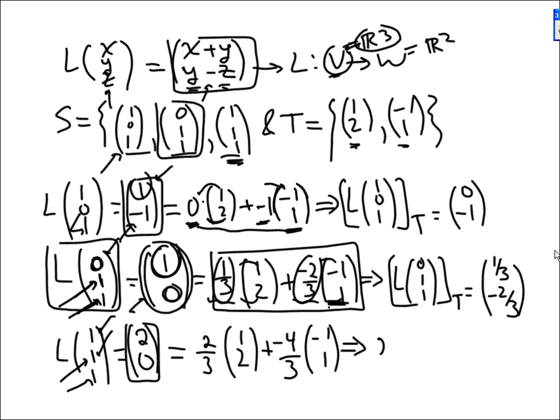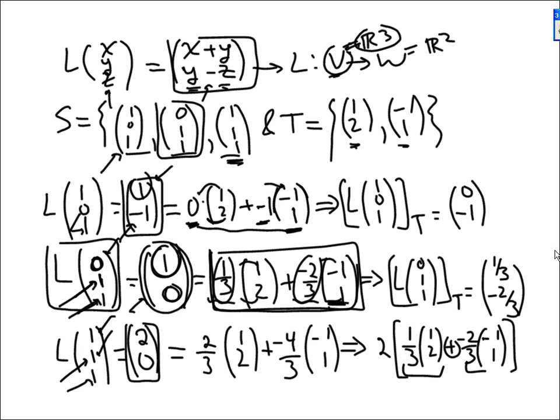Basically what I'm doing is 2 times what's in the box here: 2 times 1/3 of 1, 2 plus negative 2/3 of negative 1, 1. So this is one vector plus another vector, and you distribute.